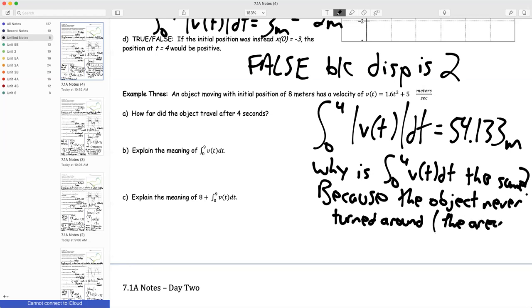The area under the parabola is positive on the integral.